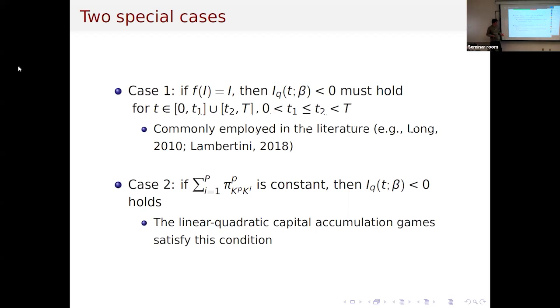But be careful, because this kind of proposition is conditional on the linear quadratic form. You may not be able to extend this proposition too much, right? Because if you move away from the linear quadratic, this type of thing may not be established. Okay, so that's the basic idea I have.